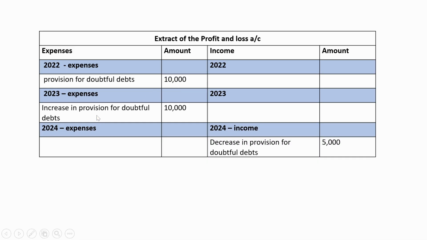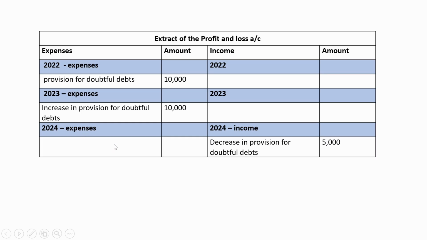Then in the next year, there was an increase of 10,000. So we said if it is an increase, you are crediting the provision account and debiting the profit and loss account. So you call it increase in provision for doubtful debts account.